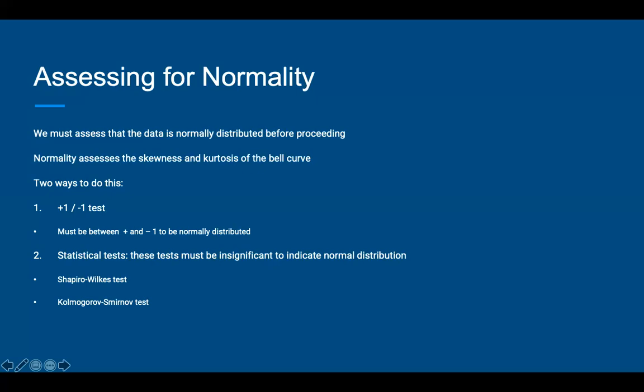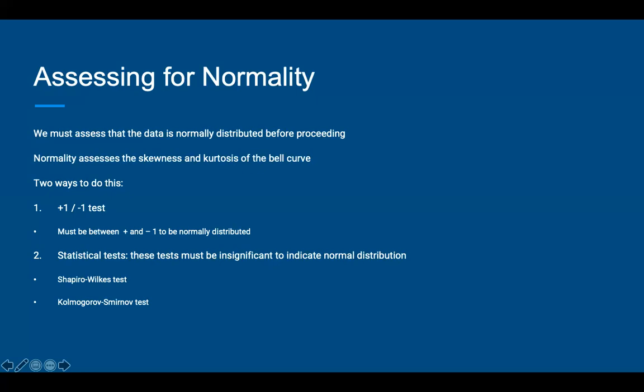Now, there's also a couple of statistical tests that you can use in order to statistically determine whether a data set is normal or not. And these tests actually have to be insignificant to indicate normal distribution. We have the Shapiro-Wilk test and we have the Smirnov test. It's in the literature that the Shapiro-Wilk test is the gold standard test to use to assess for normality within a data set.